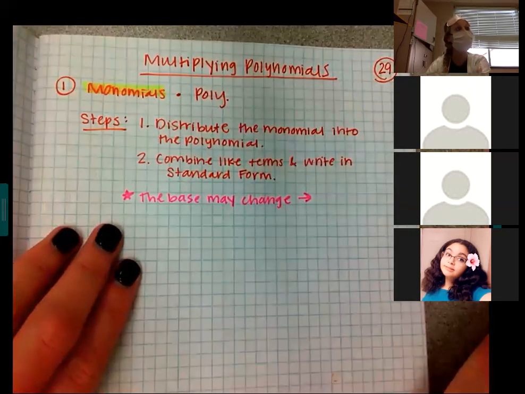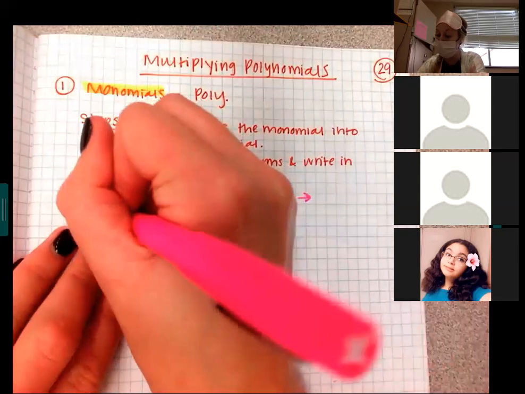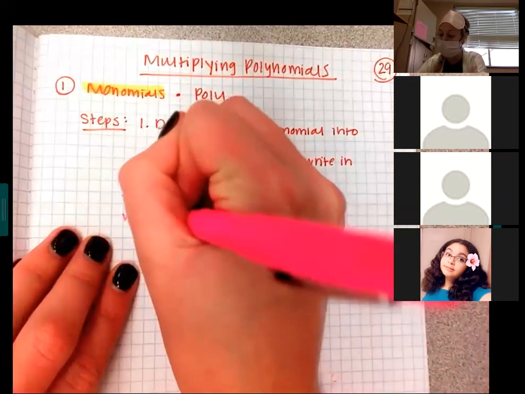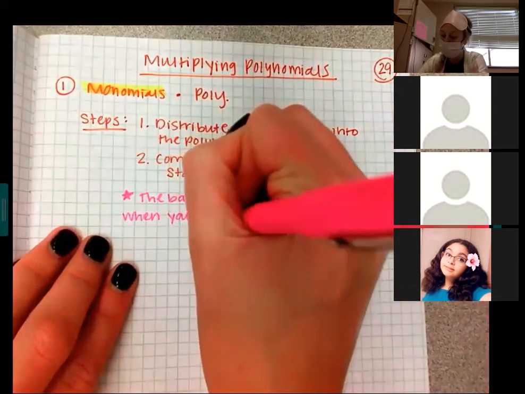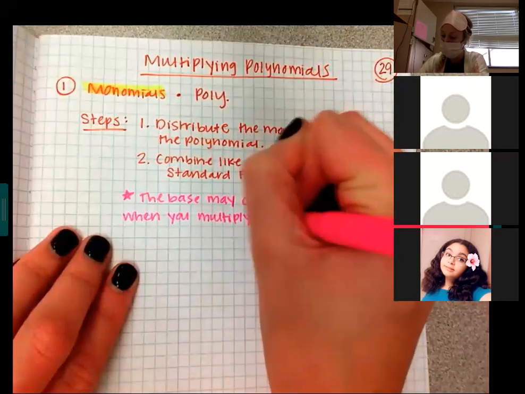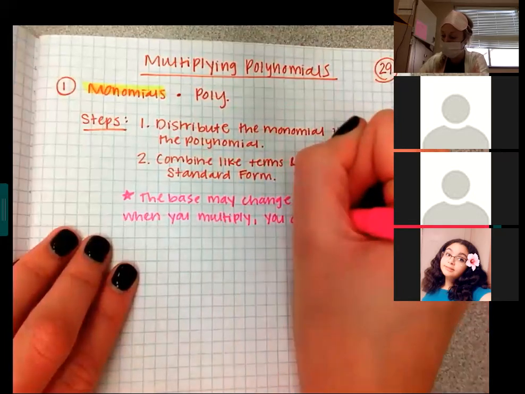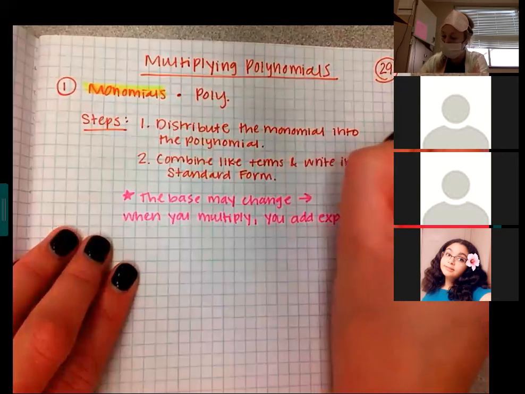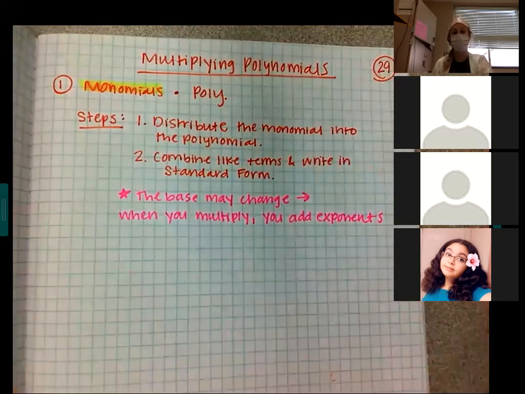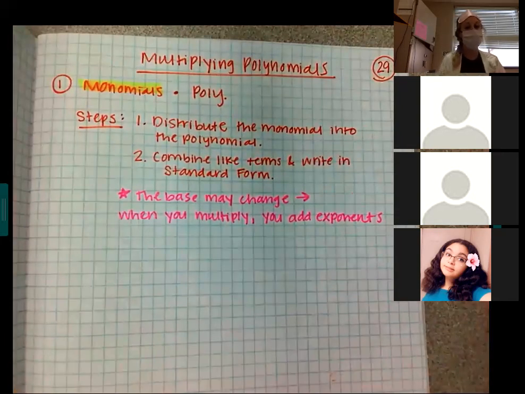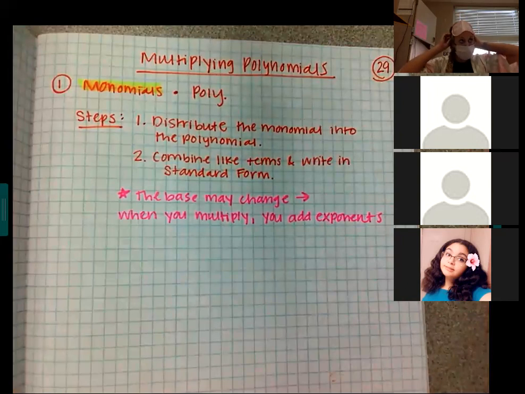So what you need to remember is that when you multiply, you add exponents. Those are your only notes for monomials times polynomials.